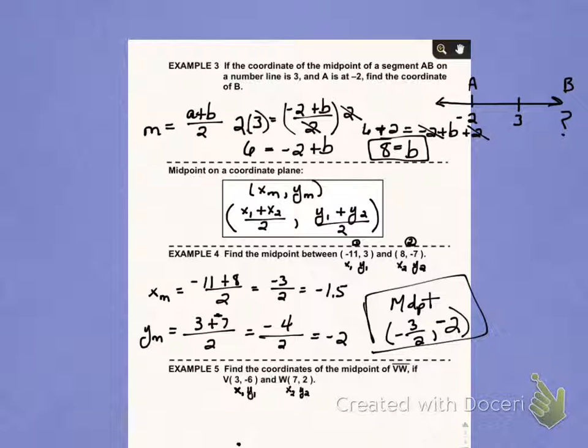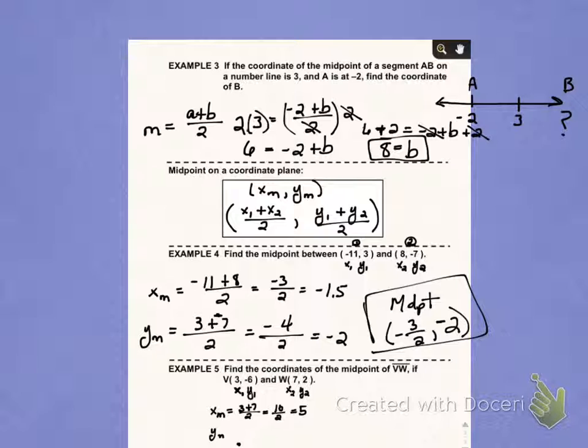Okay, and so then you do your formula. The midpoint for x will be 3 plus 7 over 2, or 10 over 2, which is equal to 5.